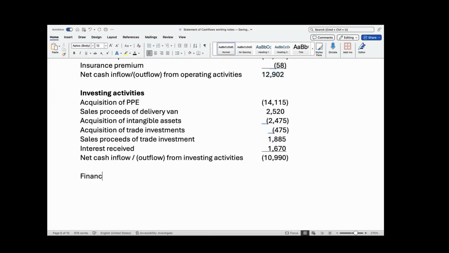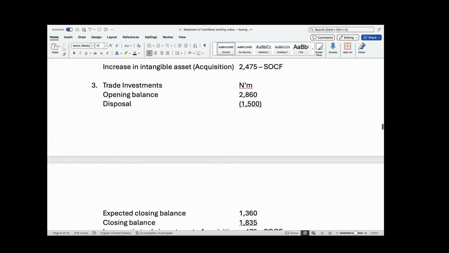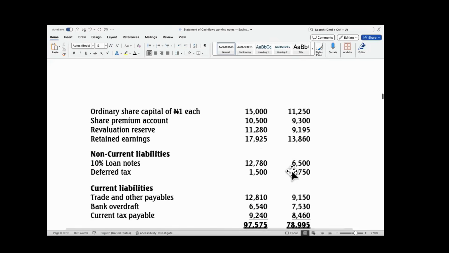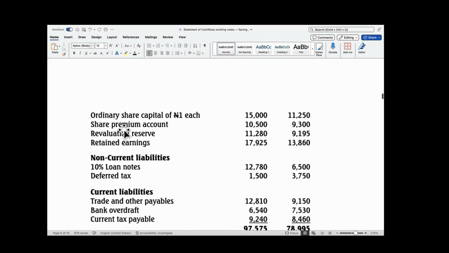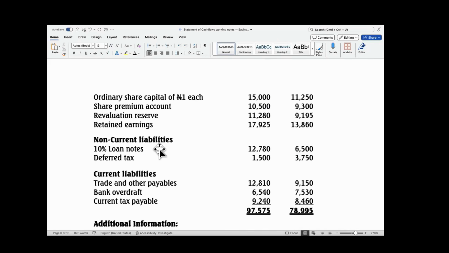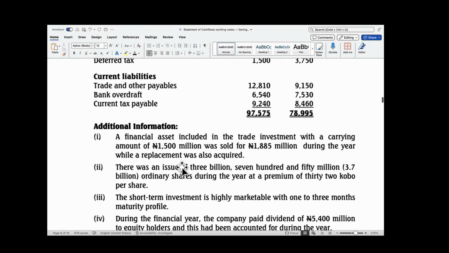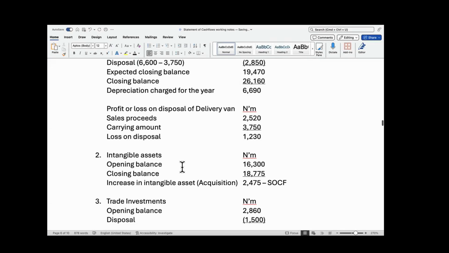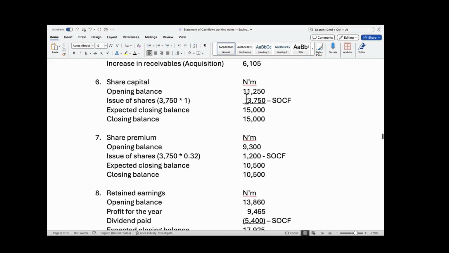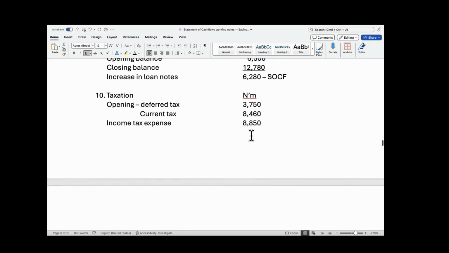And finally, is financing activities. For my financing activities, I just need to focus on movements in my share capital and liabilities items. And thankfully, that has been done already. So I start with movement in share capital. There was issue of shares of 3,750.